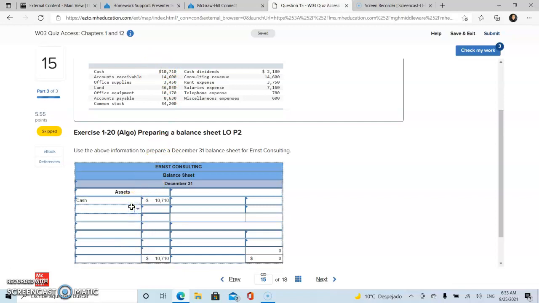And then land. And then accounts receivable. And then office supplies.